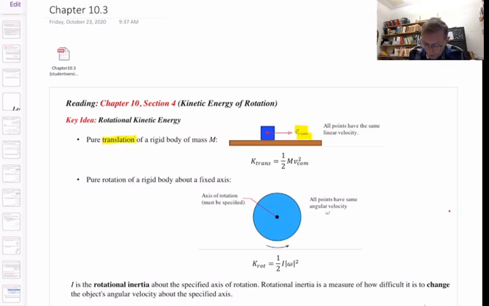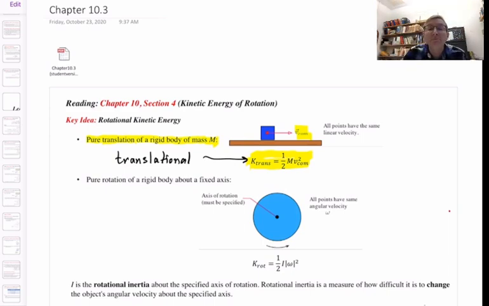So if you have what's called pure translation of a rigid body of mass M, you can write down a formula for its kinetic energy, although now we're going to call it the translational kinetic energy, K-trans.